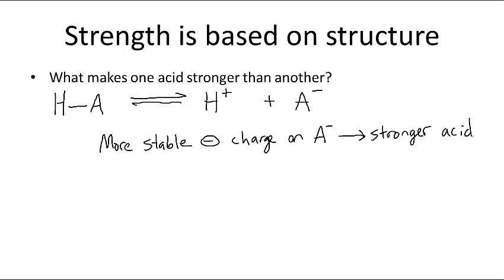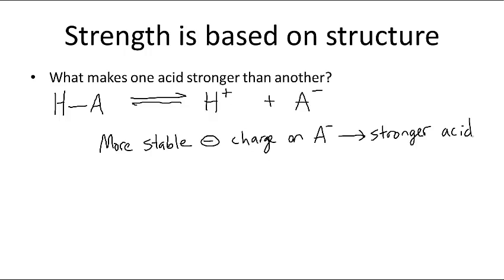What else? All right, electronegativity. I mean, that's one factor that might make A minus more stable is electronegativity. So usually more electronegativity of A will stabilize the negative charge. Another way to look at it: in my original acid molecule, what kind of partial charge would we expect there to be on H?